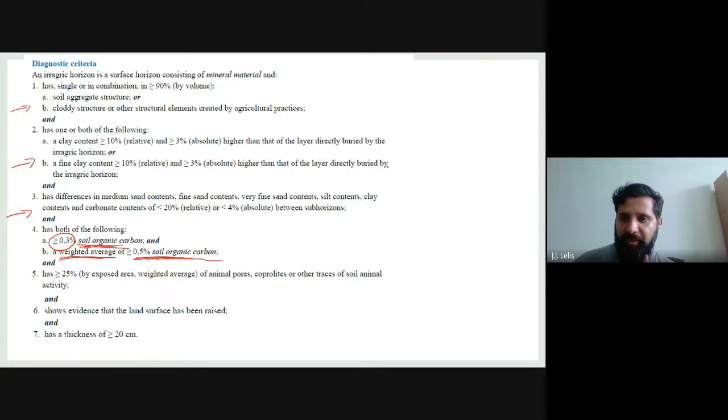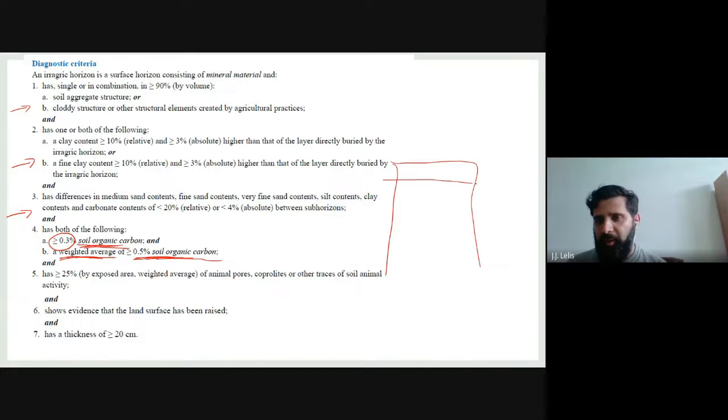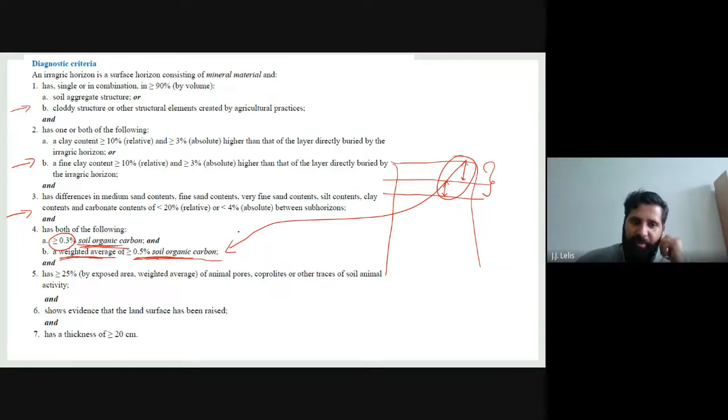So if we present like one Y horizon and two Y horizon, we should calculate a weighted average according to the depth of each horizon, and this average should present at least 0.5% of soil organic carbon.